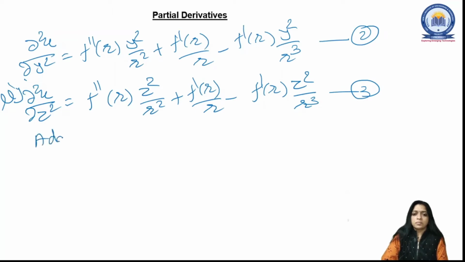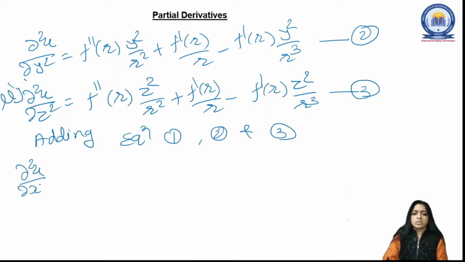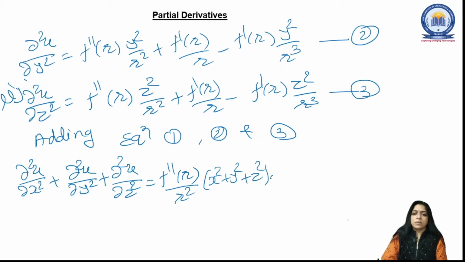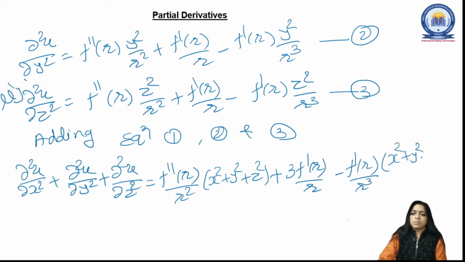So adding equations 1, 2 and 3, I have del square u upon del x square plus del square u upon del y square plus del square u upon del z square, that is the summation of the first 3 terms, f double dash r upon r square times x square plus y square plus z square, plus the summation of the middle 3 terms, that is 3 f dash r upon r, and the summation of the last 3 terms, minus f dash r upon r cube times x square plus y square plus z square.